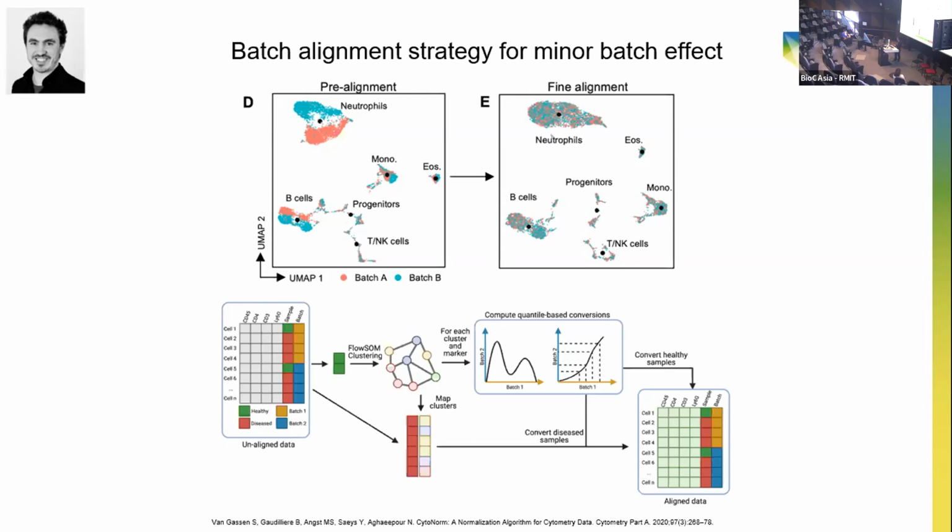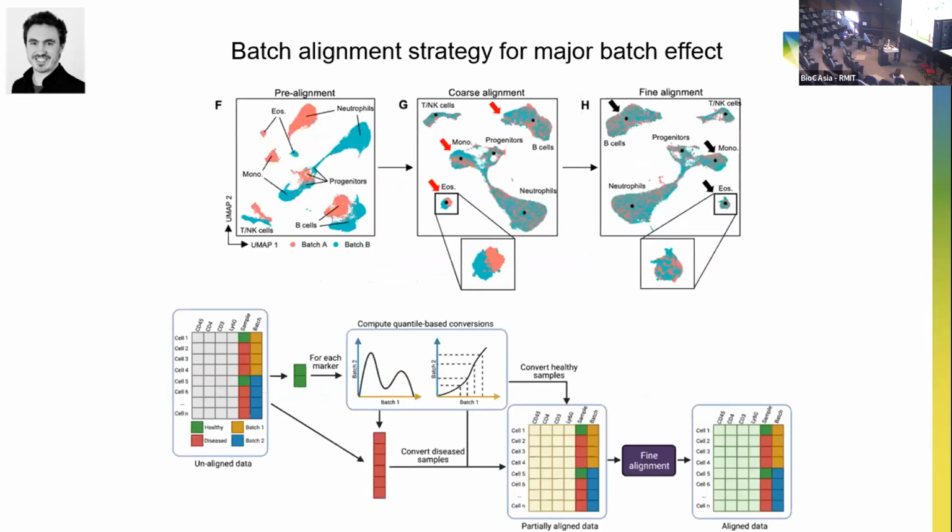So that's great. But what if you have a major batch effect? What if, when you run clustering, each of your clusters captures cells from exactly just one batch? You can imagine CytoNorm will not work, because it works on the premise that you can capture cells from different batches within the same cluster.